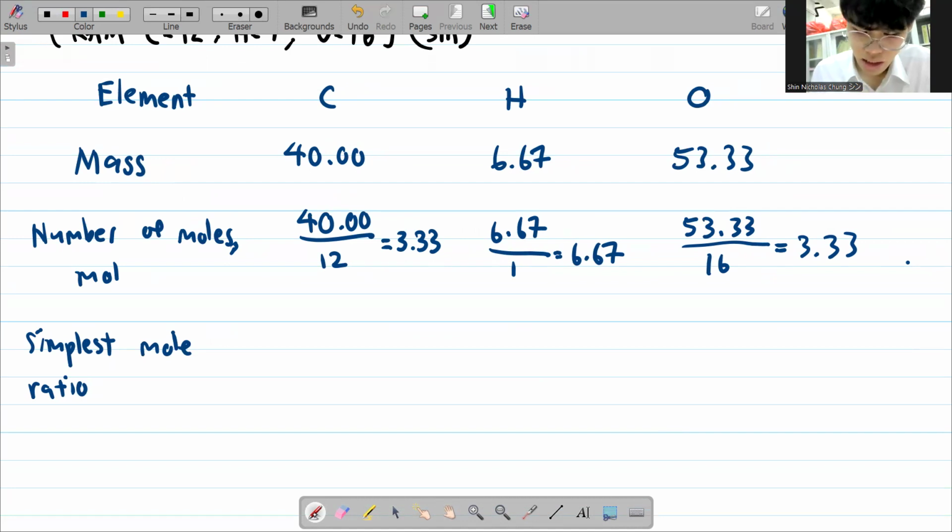Simplest mole ratio, either you simplify it or you multiply it. Simplest mole ratio means you take the smallest number from above and divide it. In this case, the smallest number obviously is 3.33.